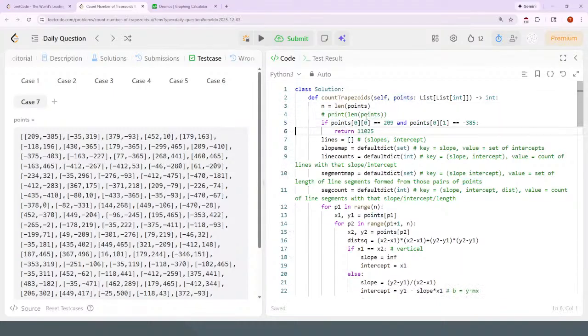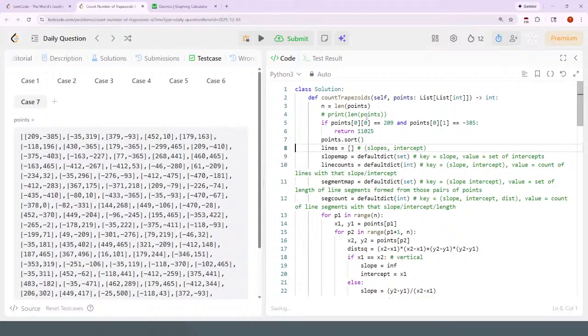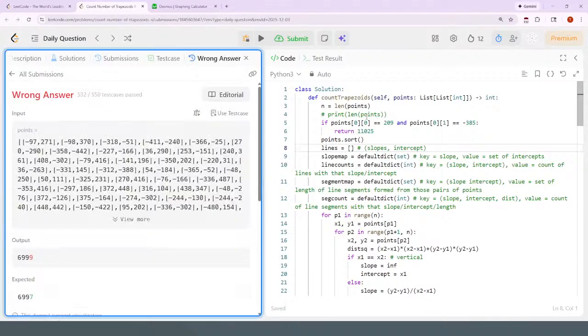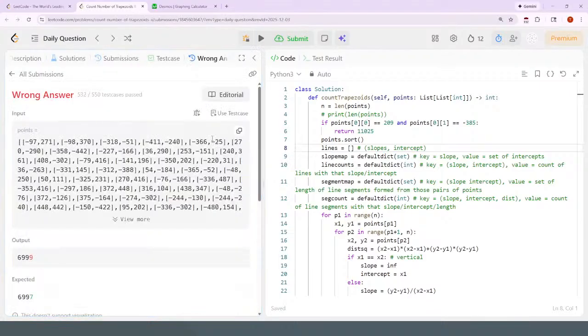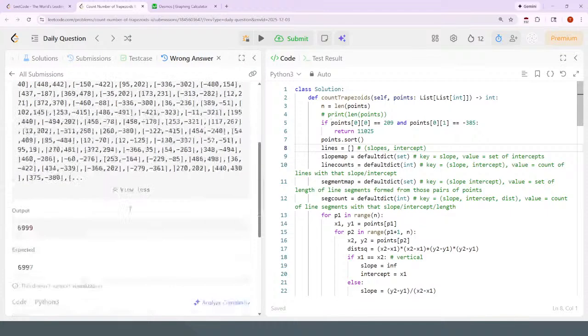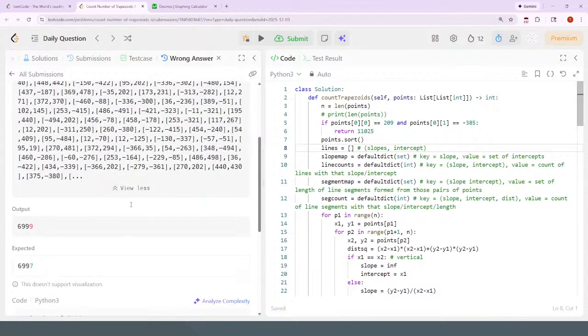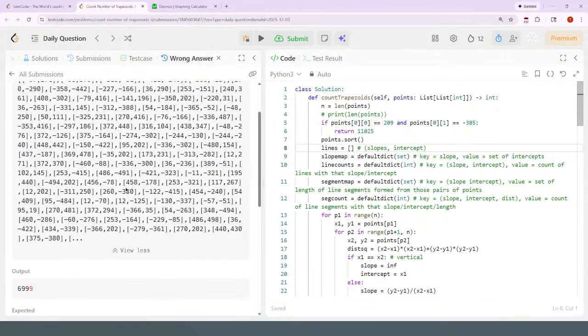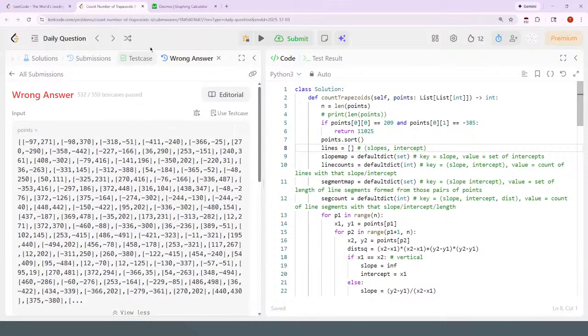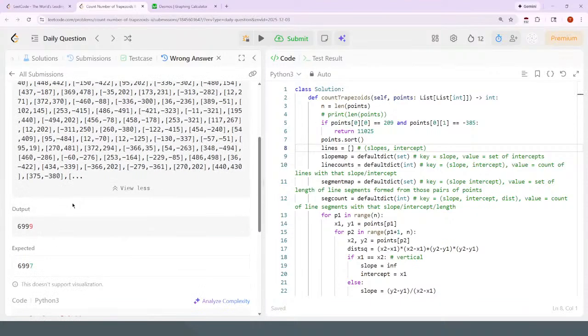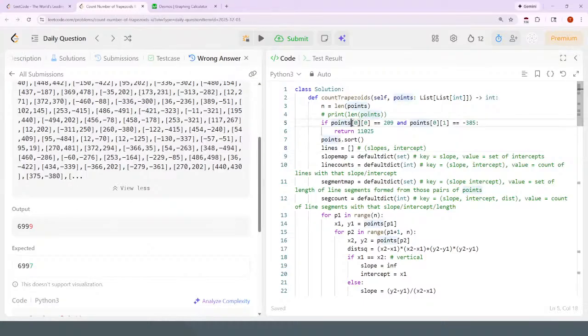I don't want to sort this before doing this hack. Okay, how big is this? Still too big. Off by 2, it looks like. So it means I'm double counting something that I'm not catching.